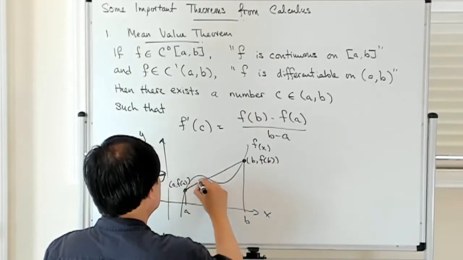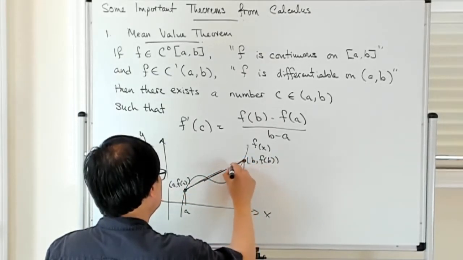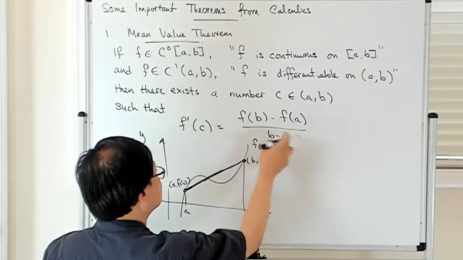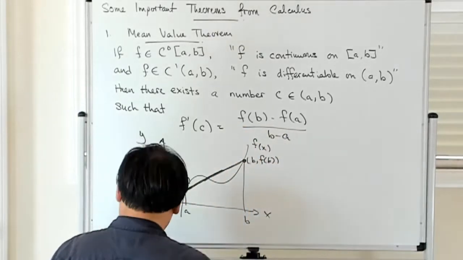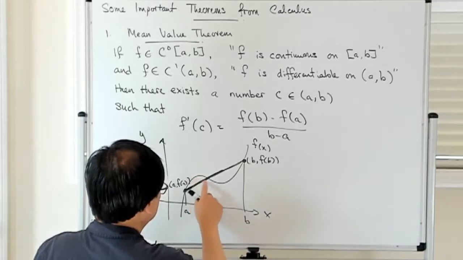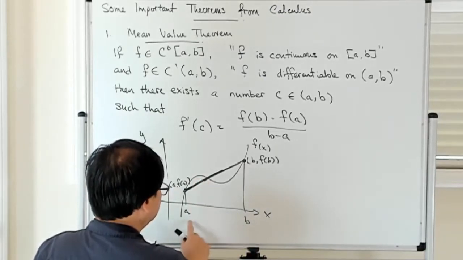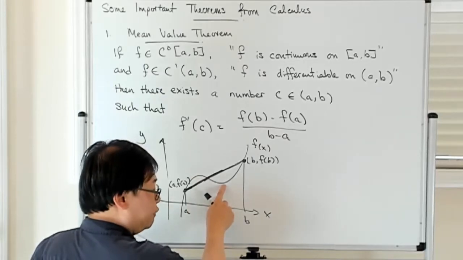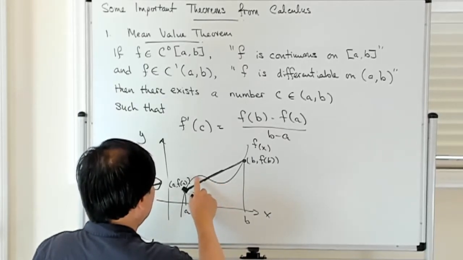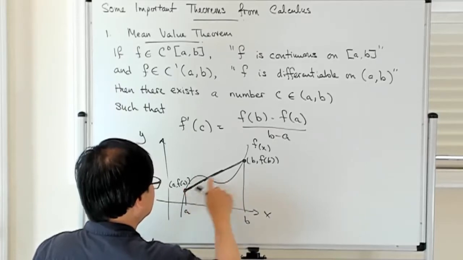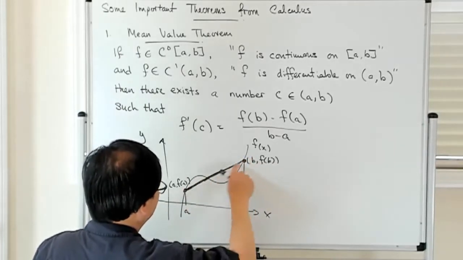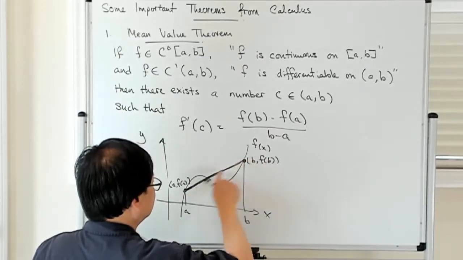This is a secant line, and it has a slope given by the right-hand side. The claim is that there exists at least one point in the interior of the interval from a to b where the derivative of f is equal to the slope of this secant line.